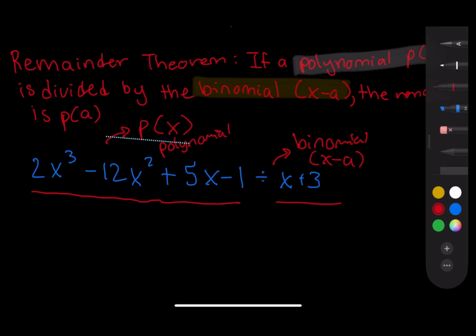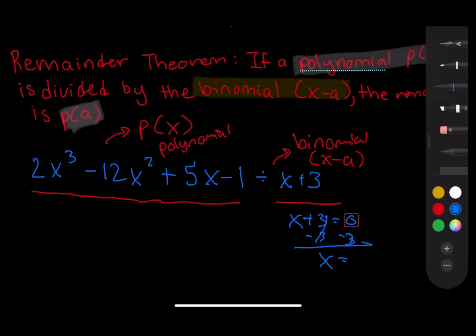Now p of a, which is right here, we're going to determine by setting x minus a, or our binomial, equal to 0. So x plus 3 equal to 0, you subtract 3 on both sides, and then x is going to be equal to negative 3. You don't have to do this, you can just do the opposite of 3, which is negative 3, but it's just to visualize it.